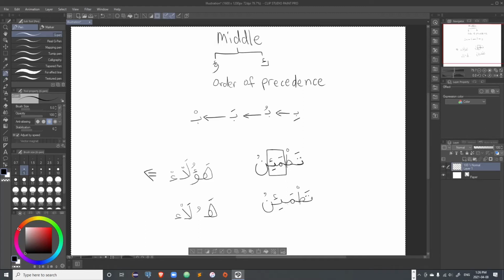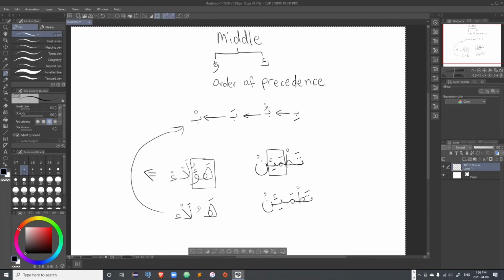Now we come to this part right here. Again, same as before. We look at the tashkil for the hamza and the tashkil for the letter preceding it. Then we look at the rule of power or the order of precedence. The hamza has a dhamma, and the letter before it has a fatha. Which is stronger, dhamma or fatha? Let us look at the rule here.